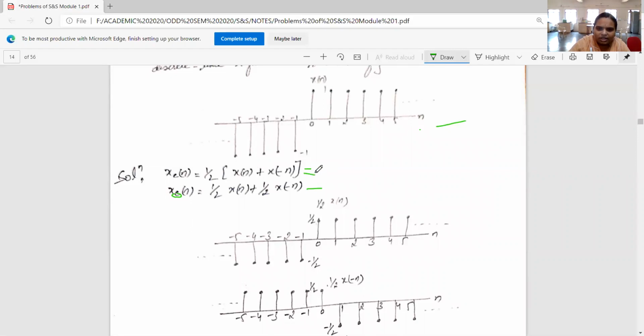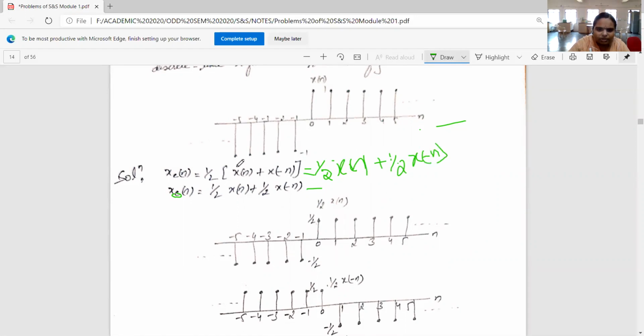This equation I can write as 1 by 2 x of n plus 1 by 2 x of minus n.